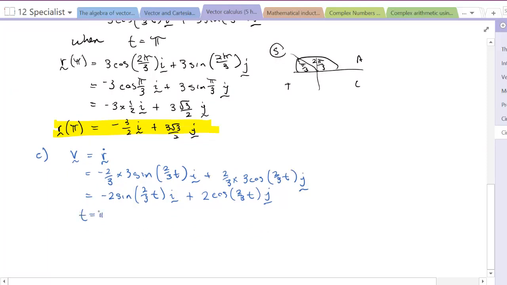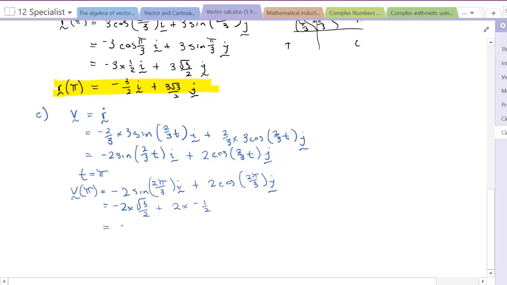When t is equal to pi, we can look at -2 sine 2 pi on 3 in the i and 2 cos 2 pi on 3 in the j direction, which is -2 multiplied by root 3 on 2 and 2 multiplied by -1/2.